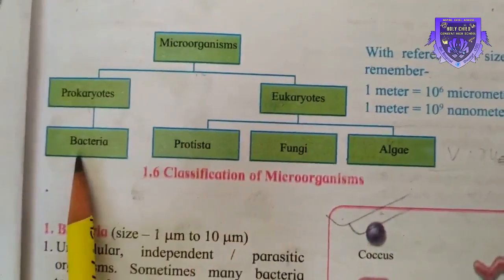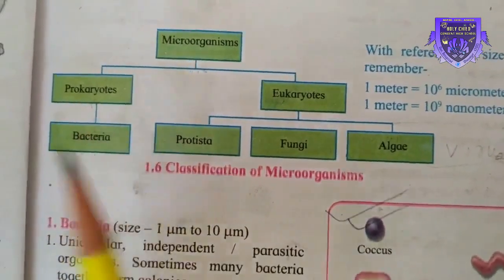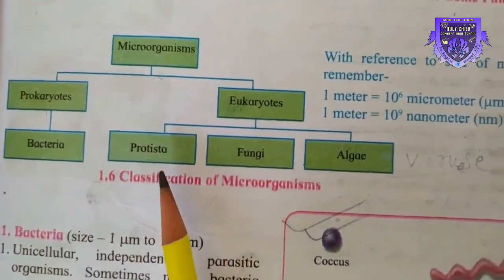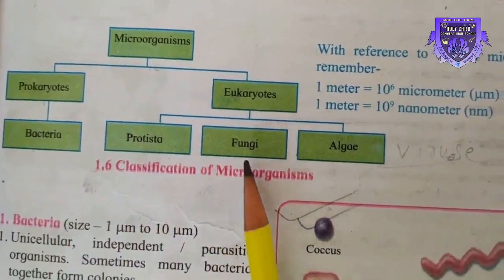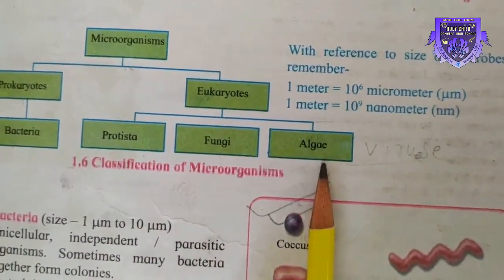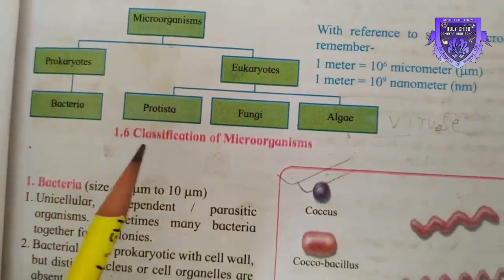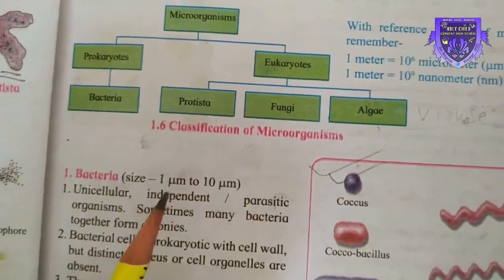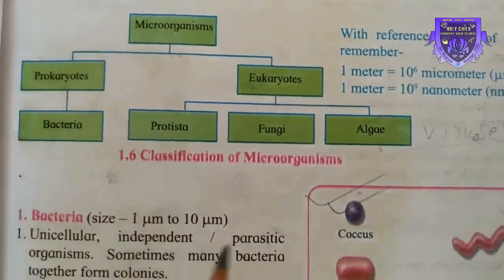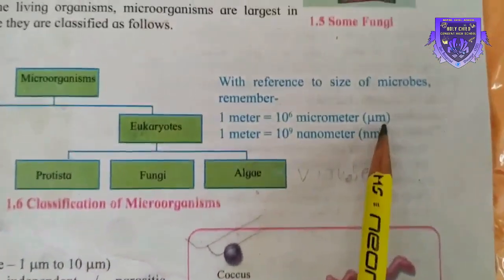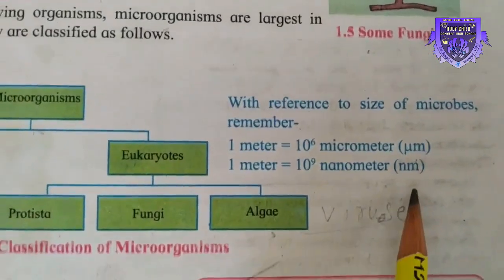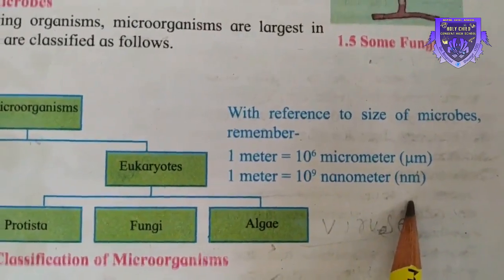All the bacteria are prokaryotes. But when we are talking about the protista, fungus and algae, they are all eukaryotes. Now, these microorganisms are very small, and so they are measured in micrometer and still smaller, nanometer.